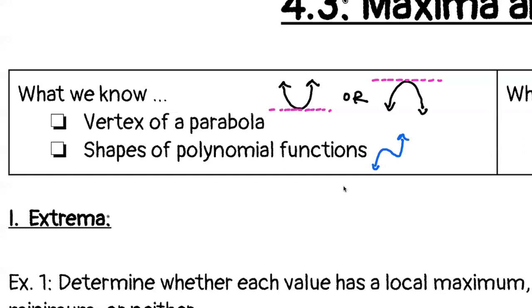This one looks like it has 2, right at the top of this bump and right at the bottom of this bump.